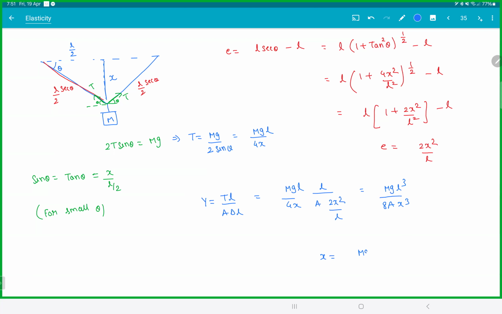Therefore, x is (mg by 8AY) to the power of 1 by 3, into L. That's your answer. It's a cube root.